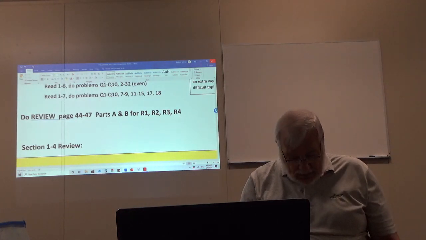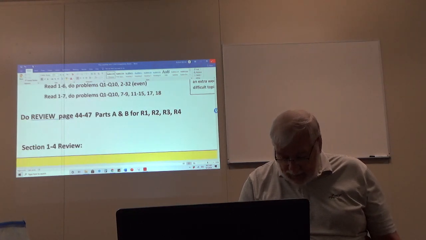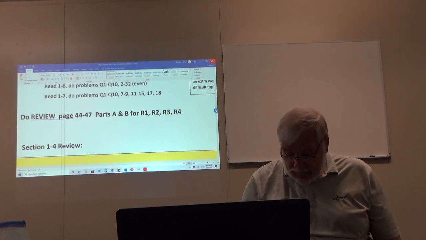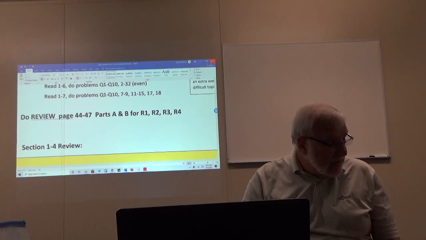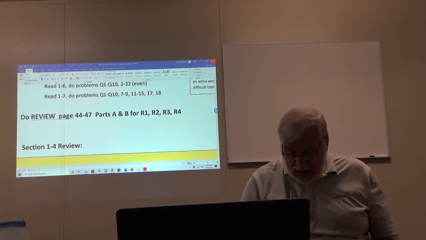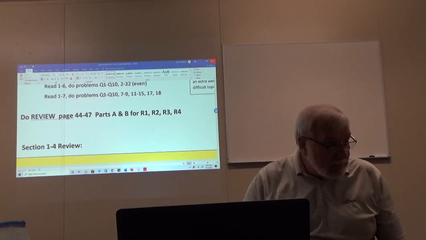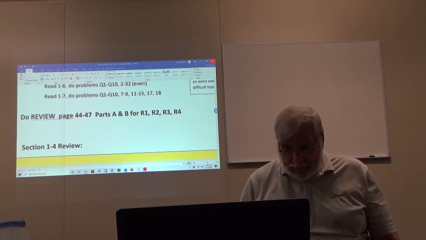In R1, that's going to end up being all of it. This is just identifying the values, the numbers, and the vocabulary. That's what R1 is doing. In R2, you're doing A and B. There happens to be more, but you're just doing A and B.